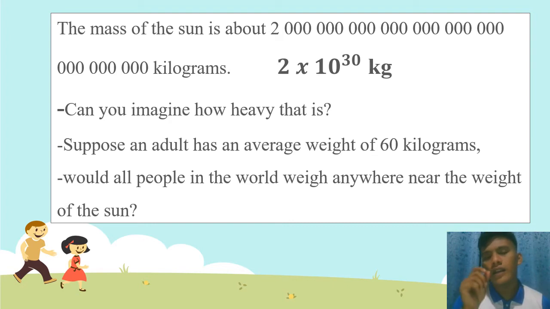Can you count the zeros for that number? So 1, 2, 3, 4, 5, 6, 9, 12, 15, 18, 21, 24, 27, 30. So it has 30 zeros. That's why it is 2 times 10 raised to 30 kilograms.